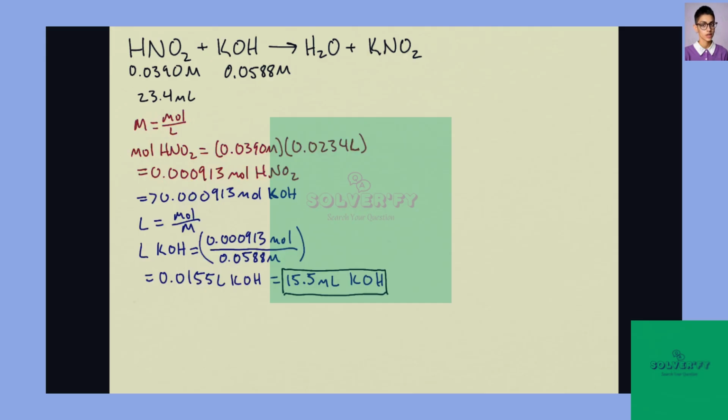And now let's find the pH at the equivalence point. All that exists in solution at the equivalence point is KNO2 and water. So let's look at a reaction between these two.